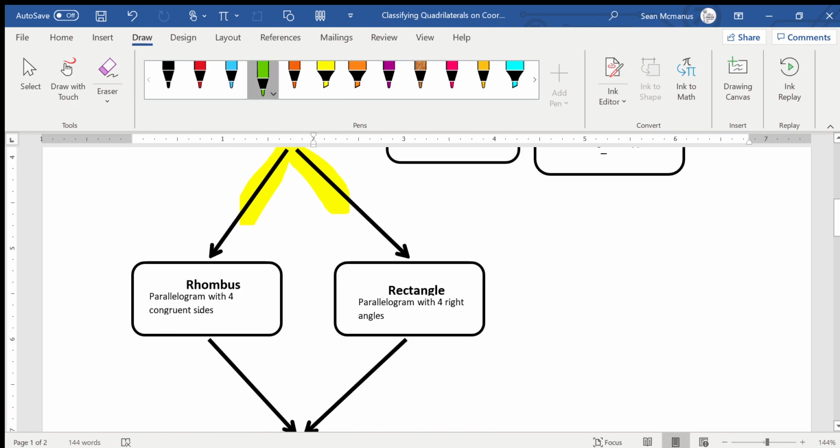So let's actually do it a different color. That means not only are we having 2 sets of parallel sides, but actually all 4 of these are the same length also. And a rectangle is a parallelogram with 4 right angles.